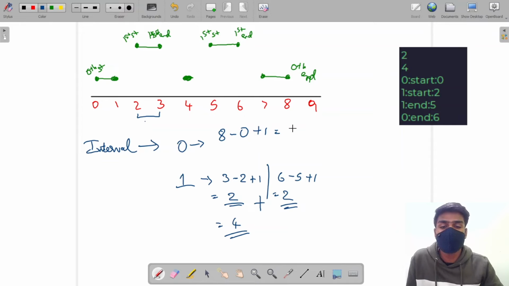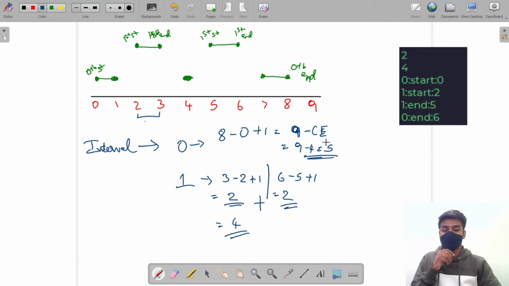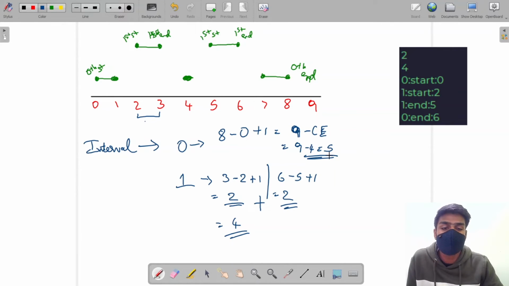So 8 plus 1 is 9, and I will subtract my child execution. My child was 1, so my child execution was 4, and 9 minus 4 was 5. So 5 is the interval of 0. All right, so I have calculated it both ways.